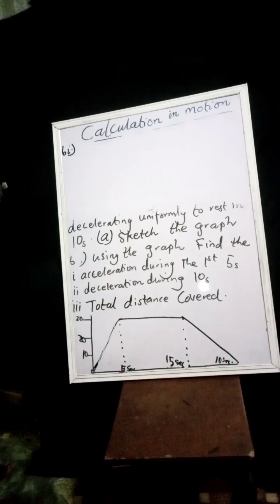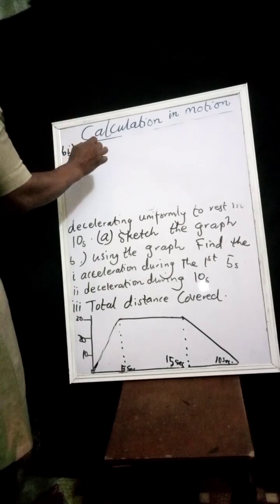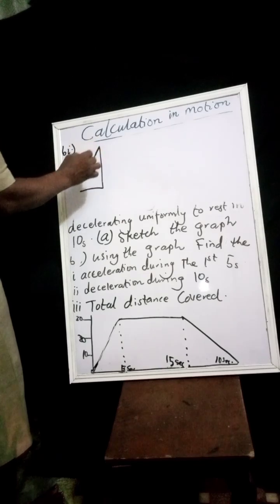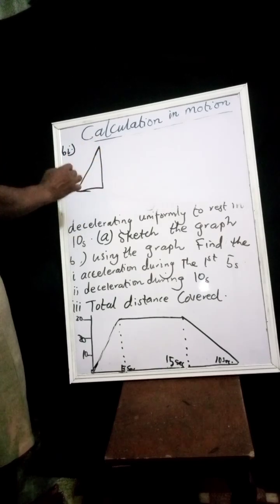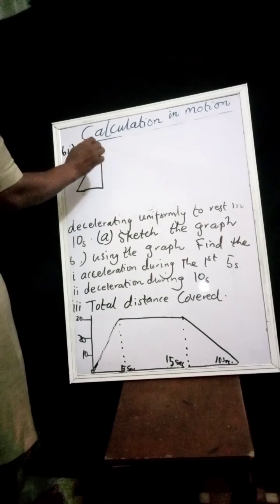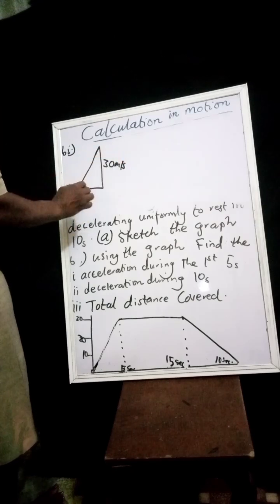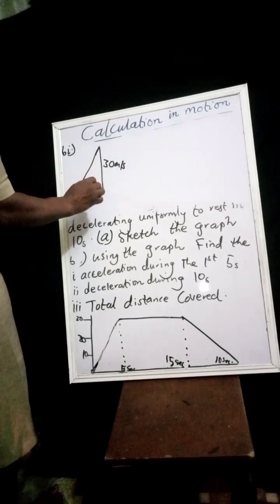So I want to bring out that graph. I will have something like this. This is exactly what we have there. Here is 30 meters per second, and here is 5 seconds.